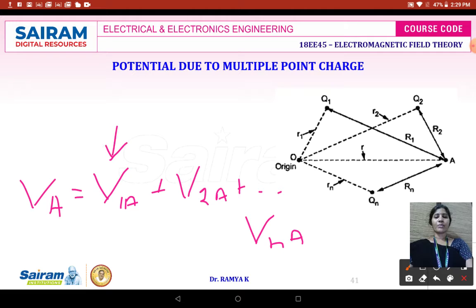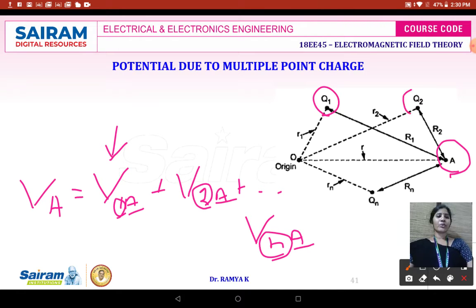V1A is nothing but the potential at point A due to point charge number 1, V2A is the potential at point A due to point charge number 2, and VnA is the potential at point A due to the nth point charge. Therefore, the total potential at this particular point will be the summation of the potentials due to point 1, point 2 and the nth point.